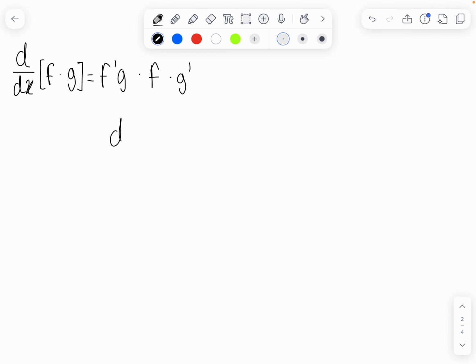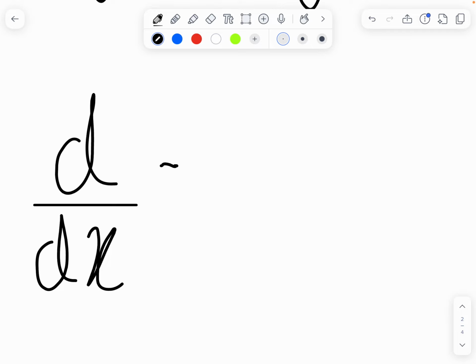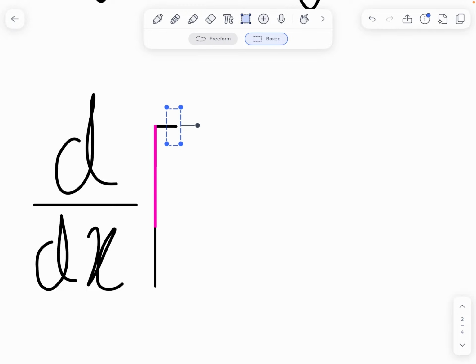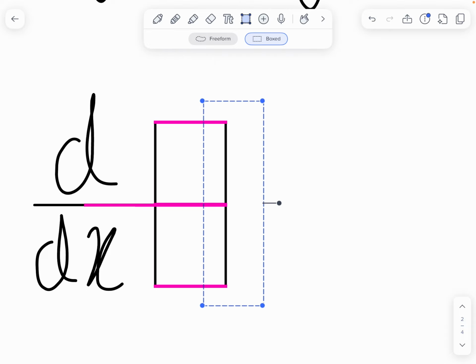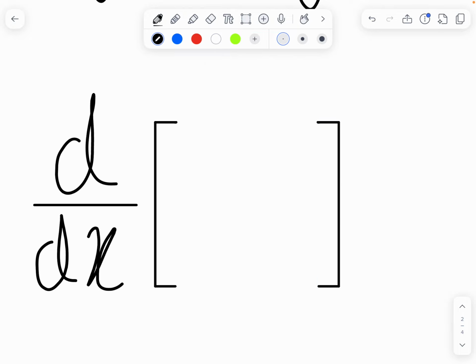Let's do d over dx of x cubed times sine of x.